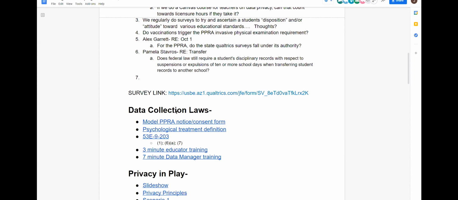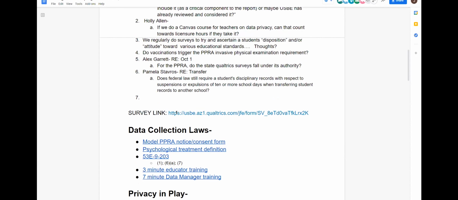I'll also say that the wording in Utah FERPA says where the evident intended effect is to get a student to reveal, in this case, their political beliefs. I don't think that just asking about educational standards necessarily has the evident intended effect of having a student reveal their political beliefs.